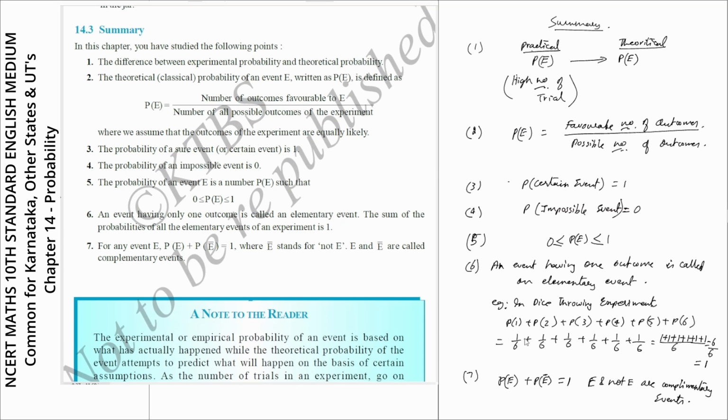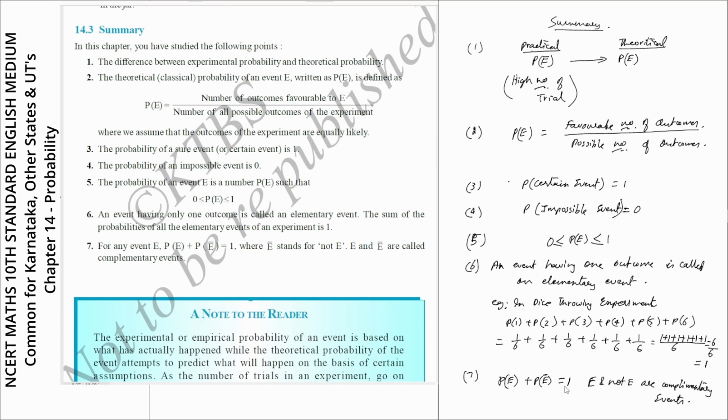For example, probability of 1 is 1 by 6, probability of 2 is 1 by 6, probability of 3 is 1 by 6, and if we add all the probabilities, we get 6 by 6, which is equal to 1. Similarly, in a coin tossing experiment, probability of getting a head and getting a tail, these two are elementary events. So when we add them, we get sum equal to 1.